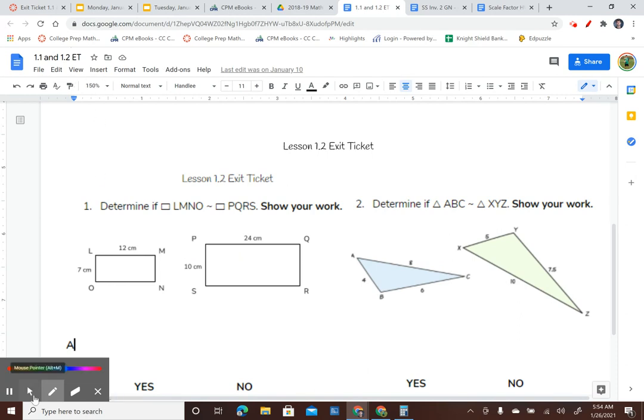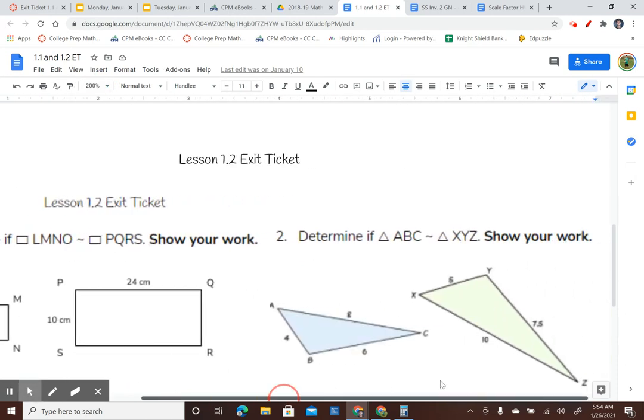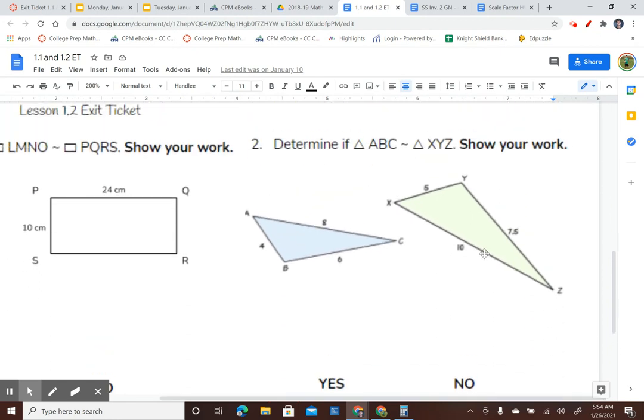Let's go ahead and zoom in here because it's kind of tough to see. All right, so this time we're going from 4 over to 5, it looks like.